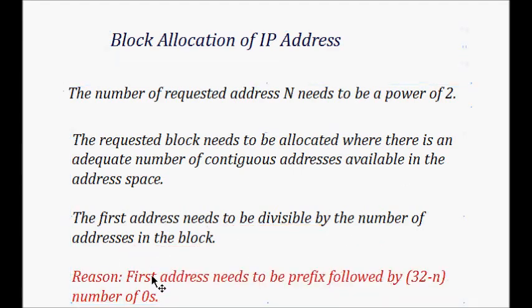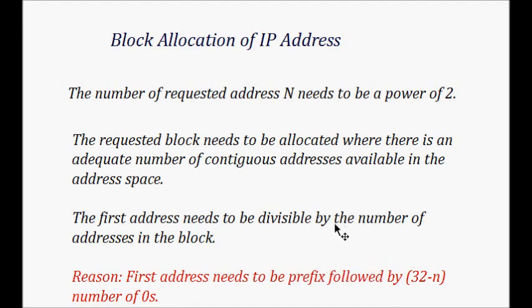What is the reason that the first address needs to be divisible by the number of addresses? The first address should be the prefix, so that I can put all other bits after the prefix as 0, and then I can route.